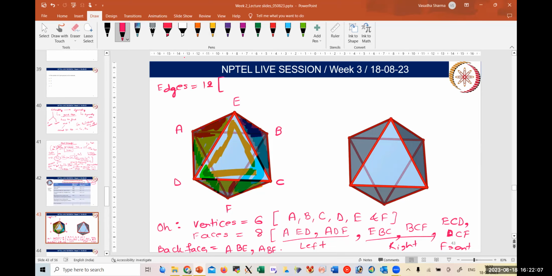We need to name them. So for edges, you know that each will have these two connections, vertex to vertex. I will start naming from A: AE, AB, AF, AD.